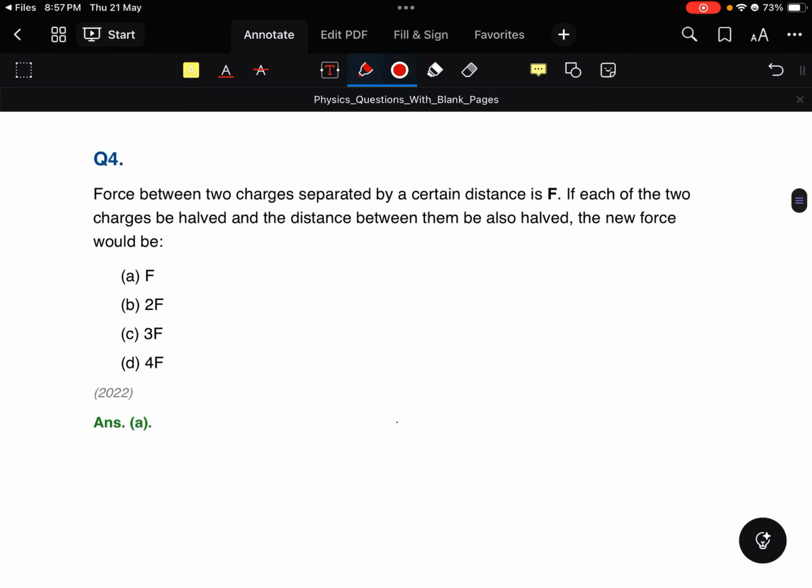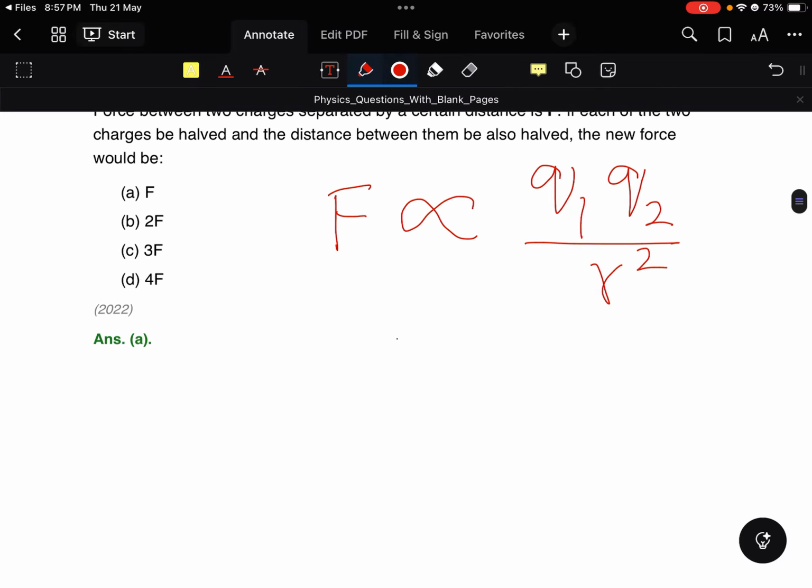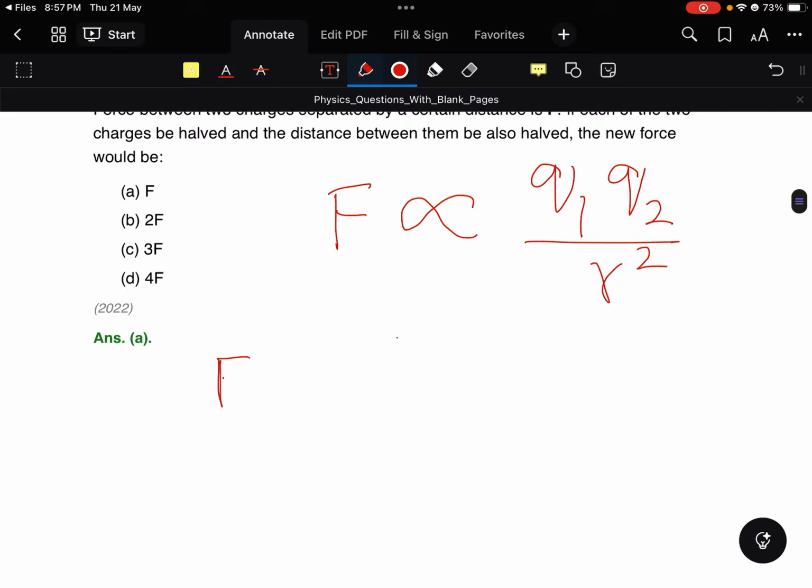Now next question you can see here. Force between two charges separated by a certain distance is F. If each of the two charges is halved and the distance is also halved, means the value of charge becomes half and distance also becomes half, what will happen to the new force? As you know, this Coulombian force is proportional to Q1 Q2 upon R square. When the charges are halved, what will be the new force?